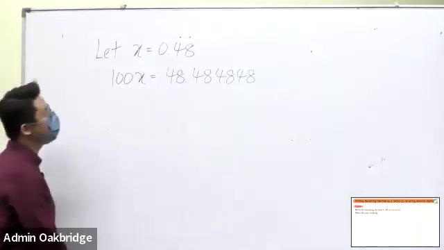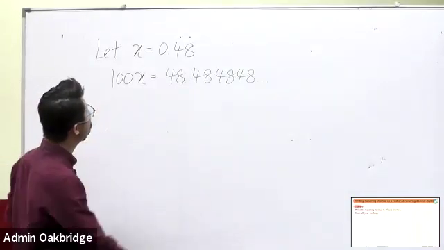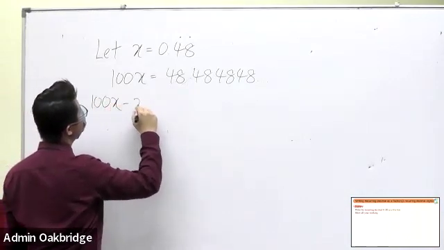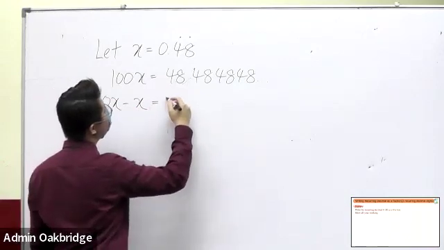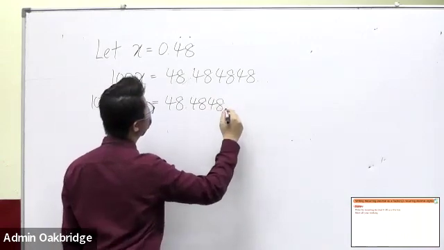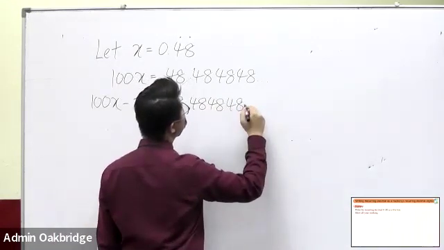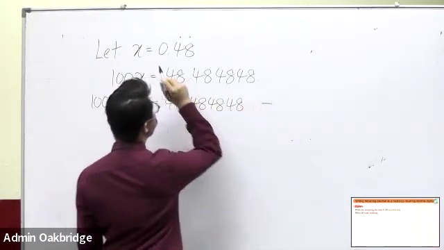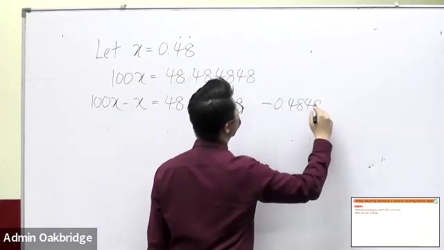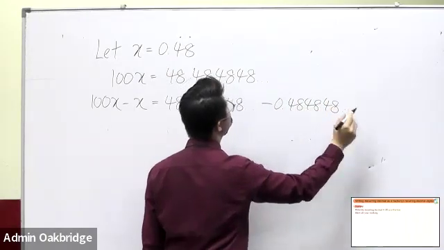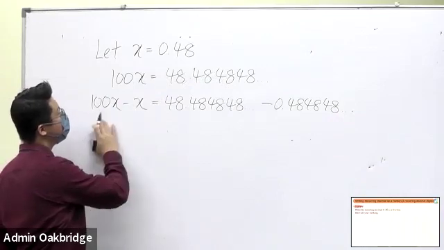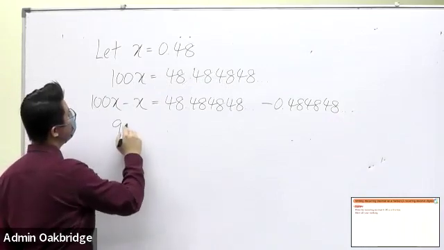And then what you should do next is you minus x for both sides, always minus x: minus 0.48, 48, 48, and so on. For the left-hand side, 100x minus x is 99x.